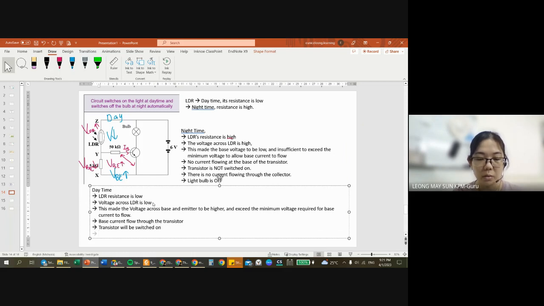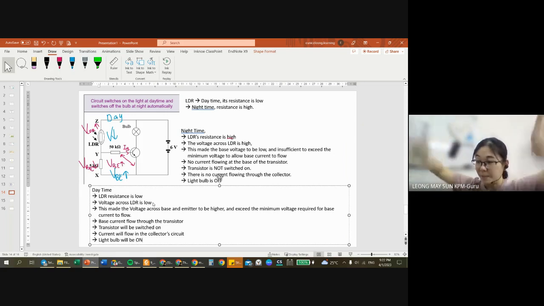When the transistor switches on, the current will flow through the collector circuit. When the current flows through the collector circuit, the light bulb will be on. Okay, this is totally terbalik from just now, you know.